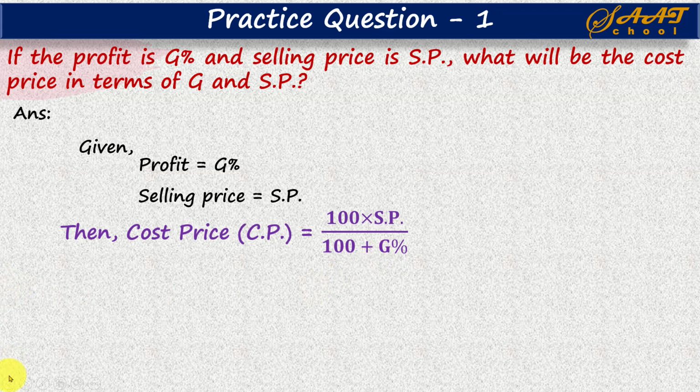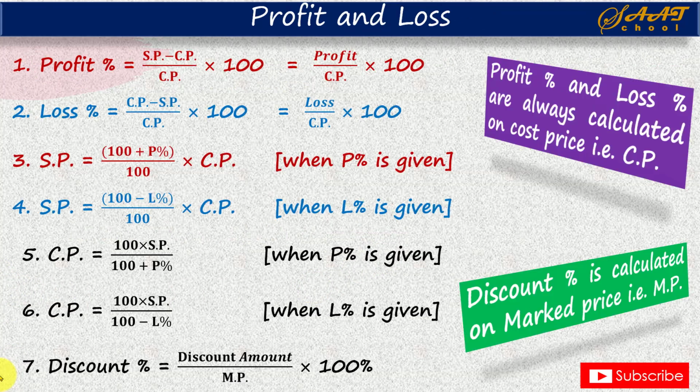Here we have discussed that to find cost price when profit percent is given, we use this relation. Again, 100 multiplied by SP divided by 100 plus P percent, or instead of P you can write G percent, if G percent is given, that is gain percent or profit percent.